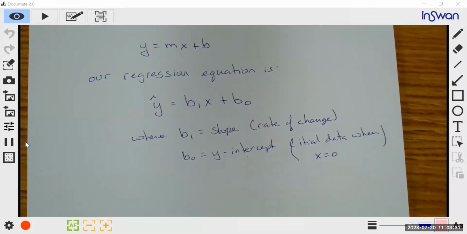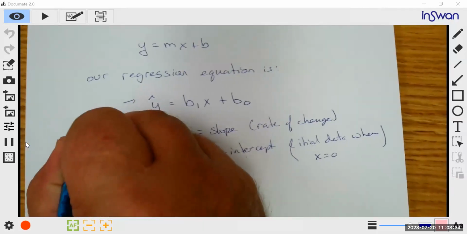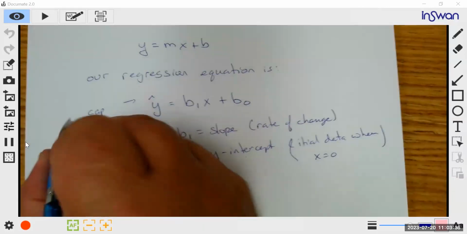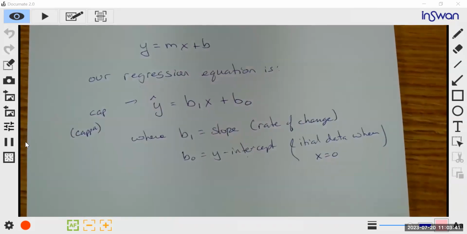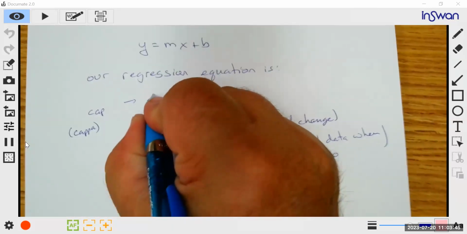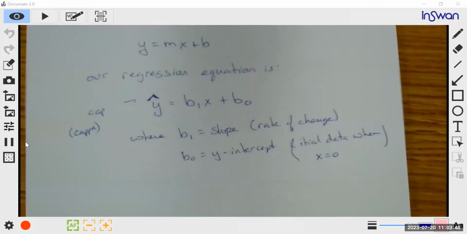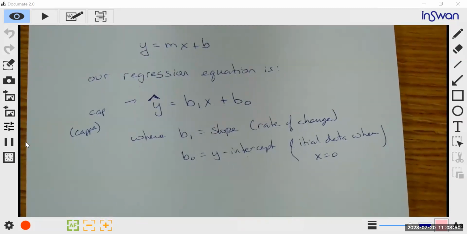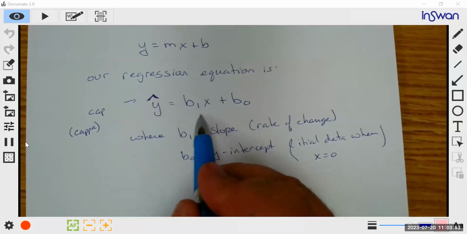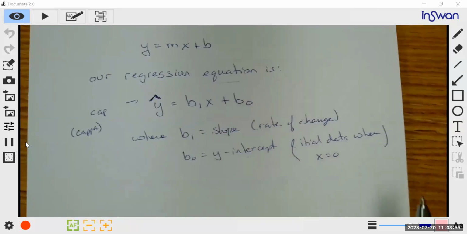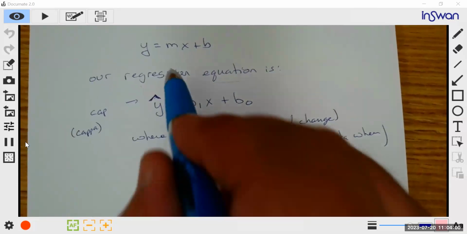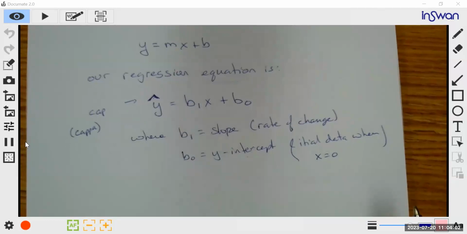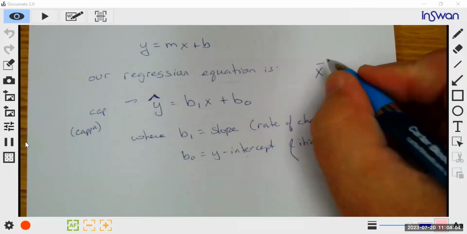Instead of just y, right? It's called a cap. It's actually called y-hat. It's just a pointy thing going up. It means this is the y value of this regression equation. You'll never use the cap in anything else but regression equations. Remember, mathematics is a language.